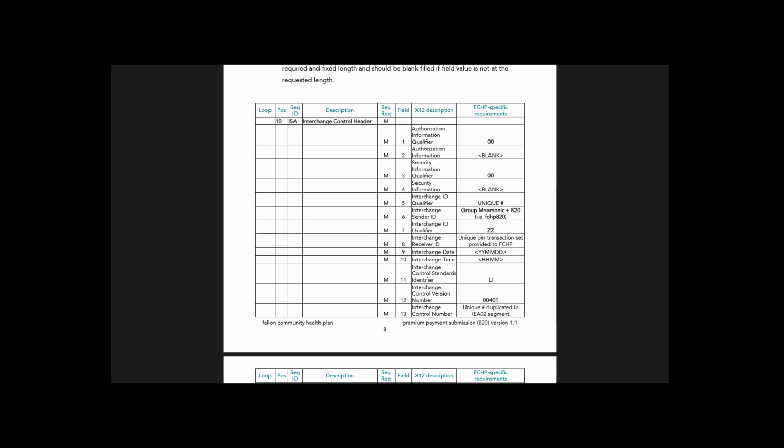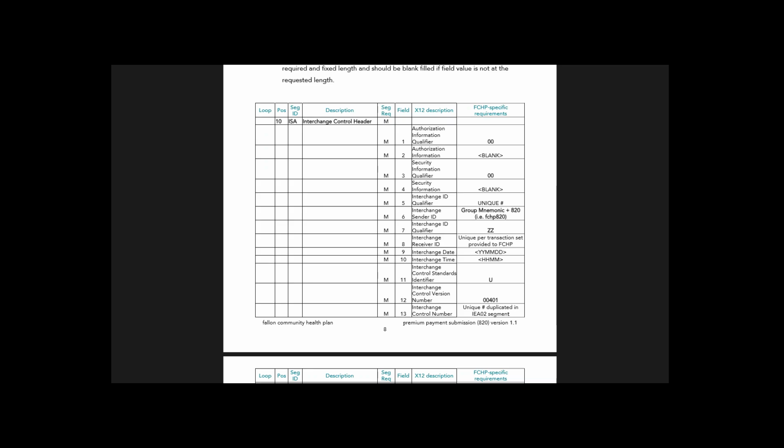Let's say the required field says the submitter physician should submit field 1, which is the qualifier, and field 2, which is the value. Both are required fields. Field 1 has 3 values: NPI, tax ID, and social security number. Depending upon the qualifier in field 1, field 2 is going to have that value.